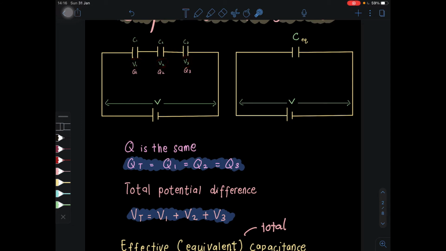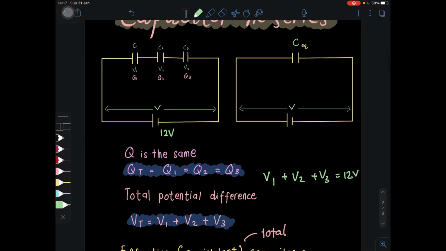So how do we determine this voltage? Total voltage VT akan sama dengan V1, V2, V3. So let's say if I put here 12 volt. So meaning that V total, here V1 plus V2 plus V3 akan sama dengan 12 volt.